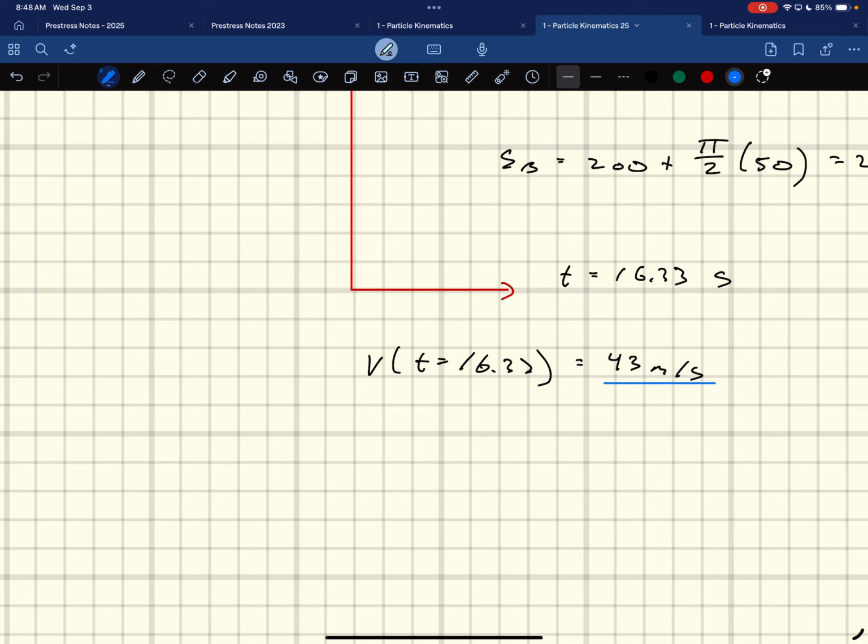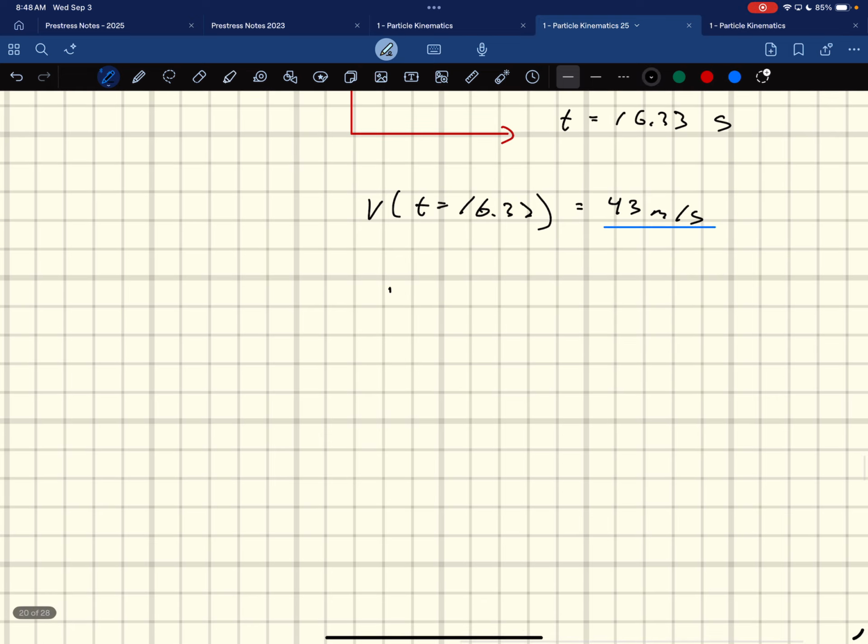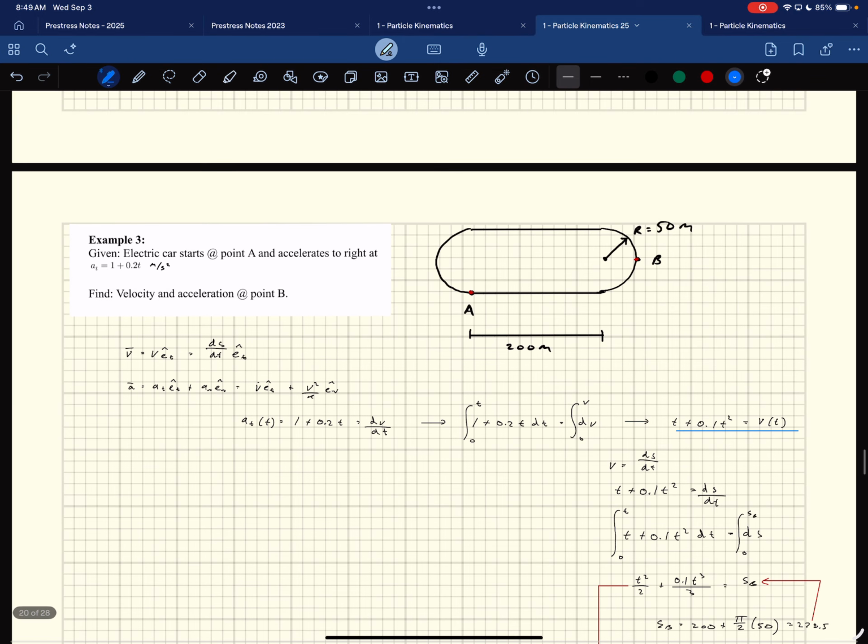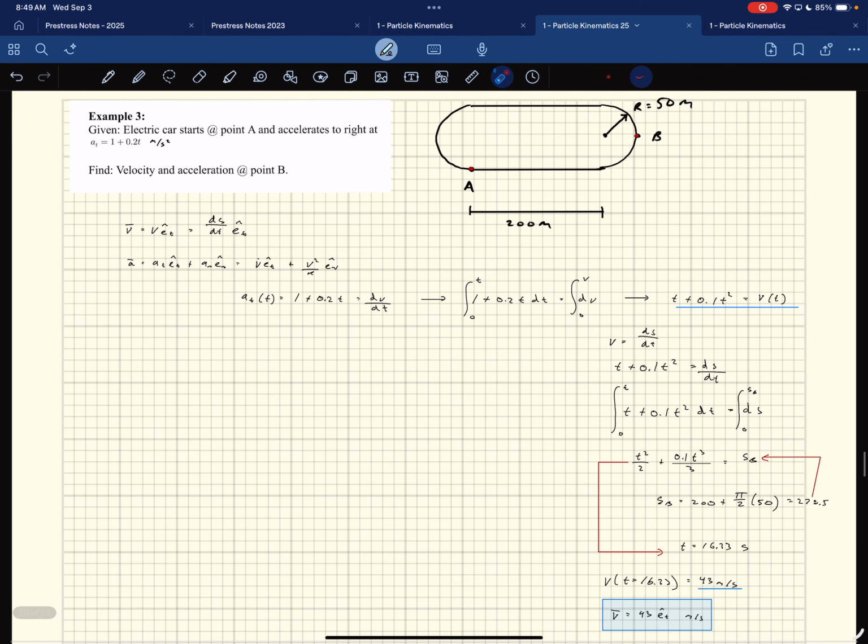So my velocity vector is 43 in the ET direction, meters per second. In this coordinate system, the velocity at point B is going that direction right there. It's going up, because that's where ET is pointed when we get around that corner.